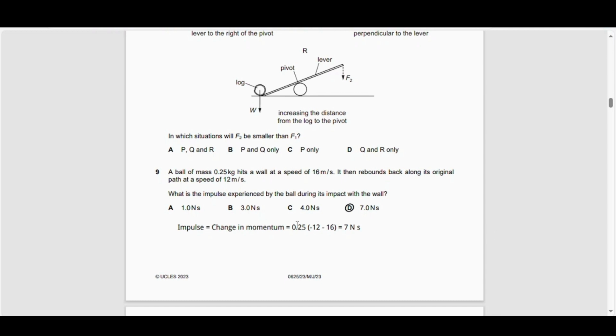So the mass multiplied by the final velocity minus the initial velocity will be 0.25 multiplied by negative 12 minus 16. Obviously, the 16 is positive, but you subtract the initial velocity from the final velocity, which is negative. And that gives you a value of technically minus 7 newton seconds. But here we are concerned about the magnitude of the impulse, which is why we've got a value of 7 newton seconds.